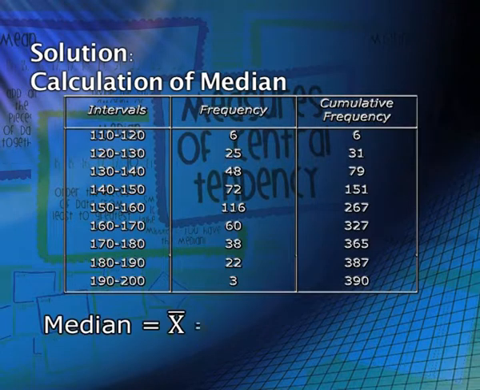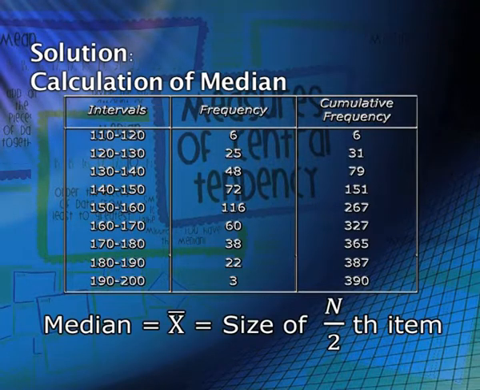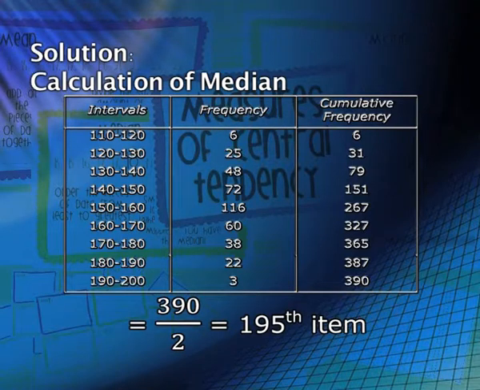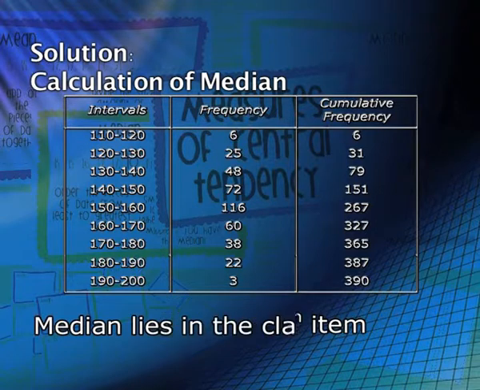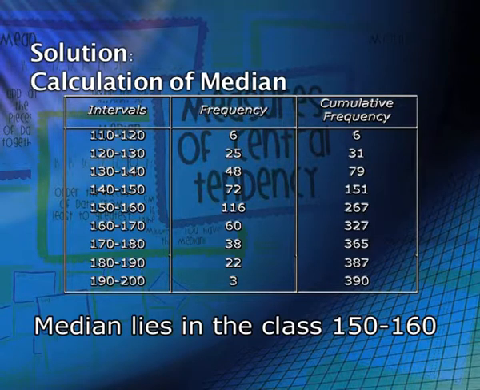So we'll apply the formula, that is median equals to x bar equals to size of the n by 2th item. So that is equal to 390 by 2. That is giving us 195th item. Alright. So median lies in the class 150 to 160. So this is the median class. We'll apply the formula to this median class.